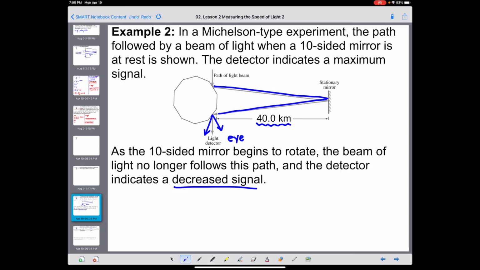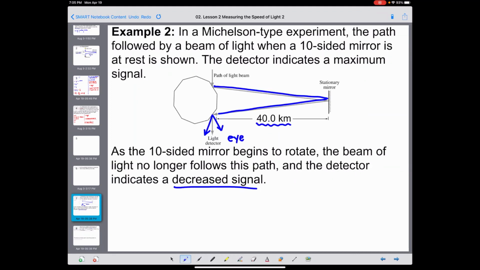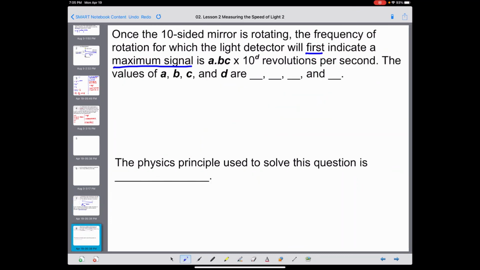We would also see a maximum signal again if we continued to increase the frequency and then had this rotating mirror make 2/10 of a rotation in the same amount of time. But they only want us to do the case where it's making 1/10 of a rotation, because we want to know the first time that we see that maximum signal.